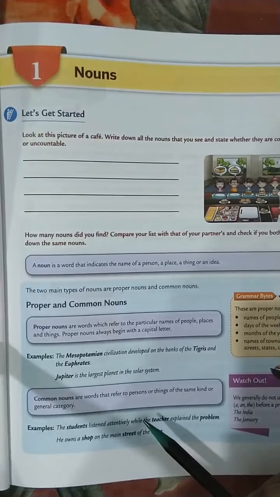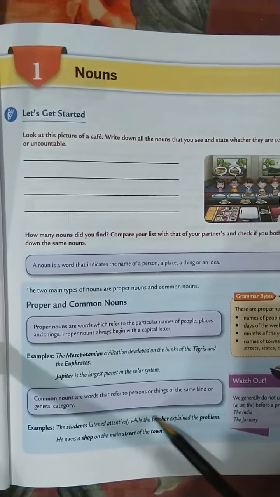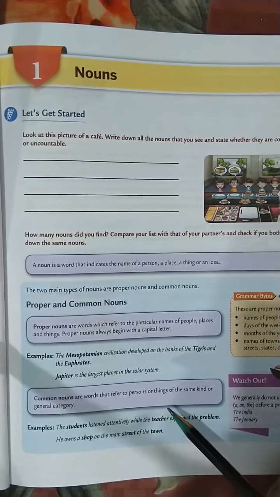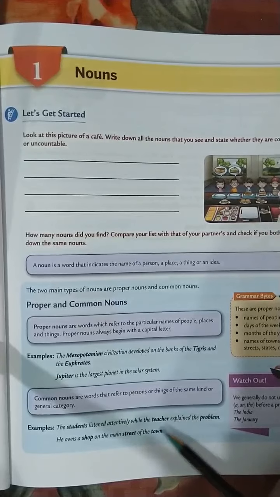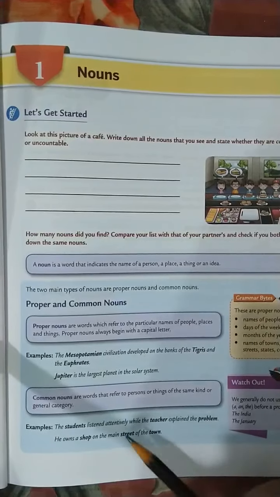That will be particular. But here students is common. So in the sentence, the students listened attentively while the teacher, the word teacher is common. It is not any particular teacher. Any particular may be Ankita teacher or Neha teacher. No, Ankita, Neha will be particular. But here teacher is common.